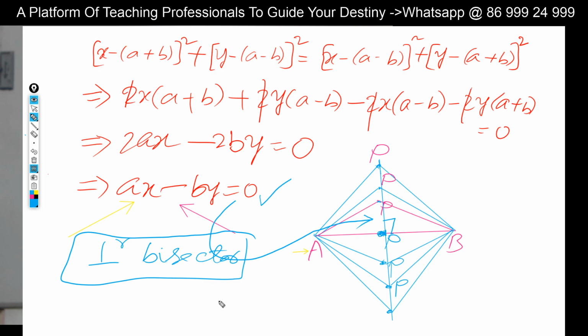So, the perpendicular bisector is the line which is perpendicular to the line segment and passing through its midpoint, or every point on it is equidistant from the extremities of the line segment. This is what the locus is.